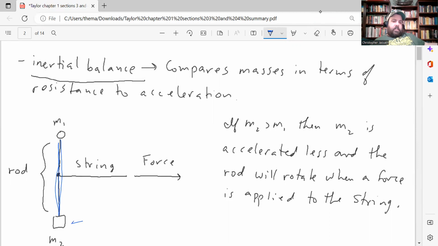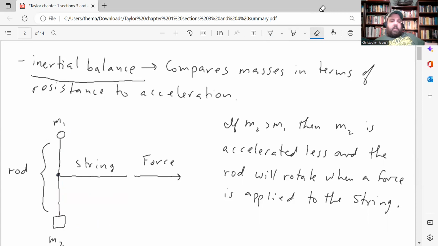Say we know the mass M2, and we want to see whether mass M1 is larger or smaller than mass M2. Then we can connect them with that rod, attach a string to the middle of the rod, and apply a force to the string.